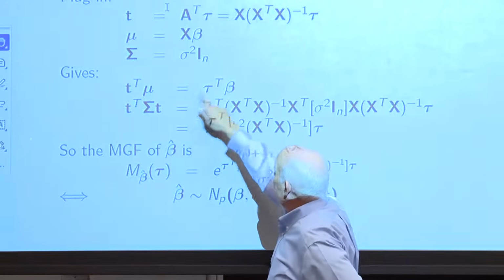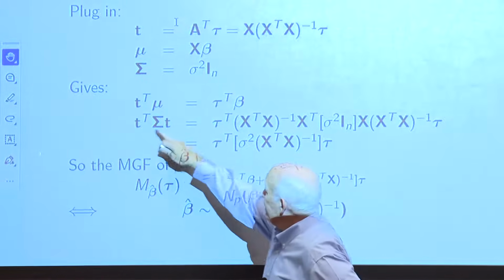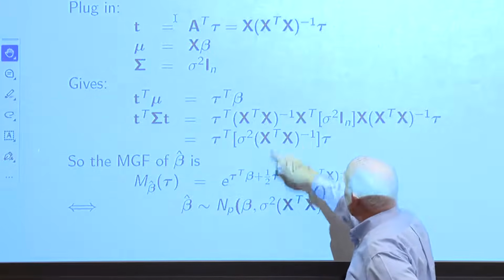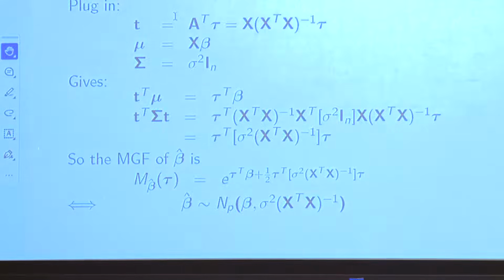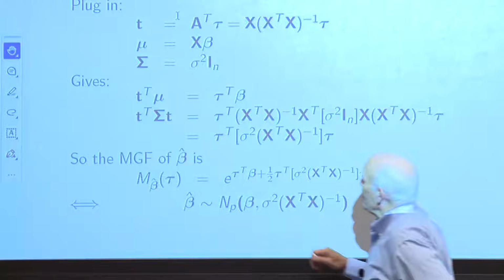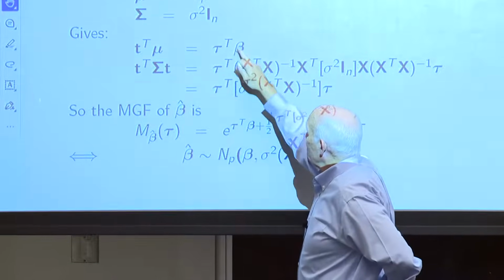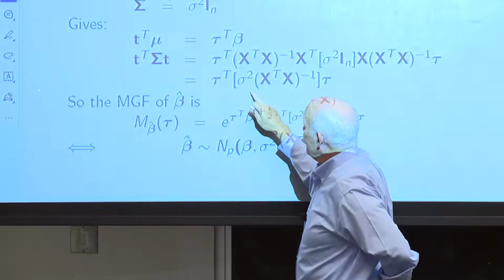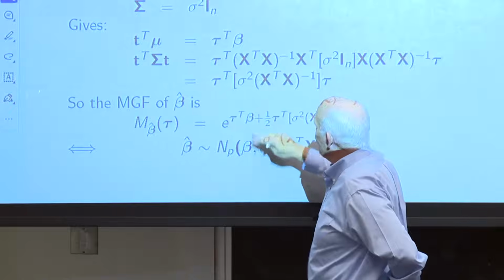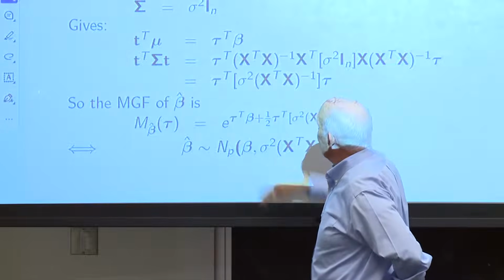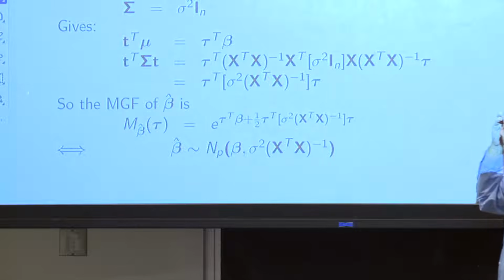And so T transpose mu ends up being tau transpose beta, and T transpose sigma T is equal to this product. If we simplify it, we basically have a mean vector beta for the least squares estimate and a covariance matrix for the least squares estimate that's given by sigma squared (X transpose X) inverse.